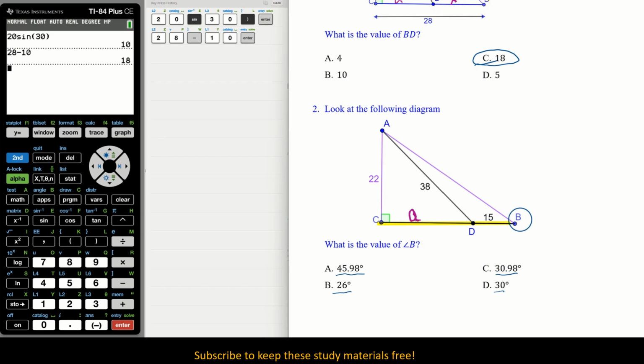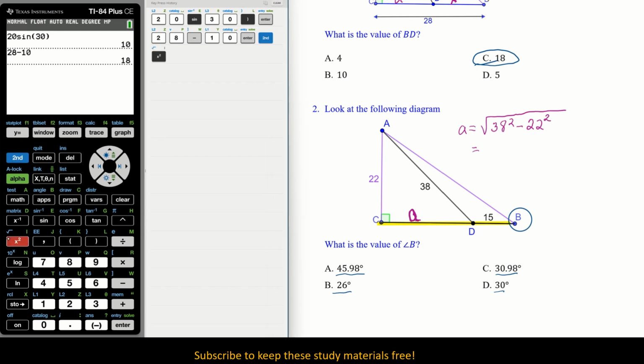We can just use the Pythagorean theorem. So A would equal all under the square root, 38 squared minus 22 squared. Now, it's probably a good idea for us to use the exact value. What do I mean by that?